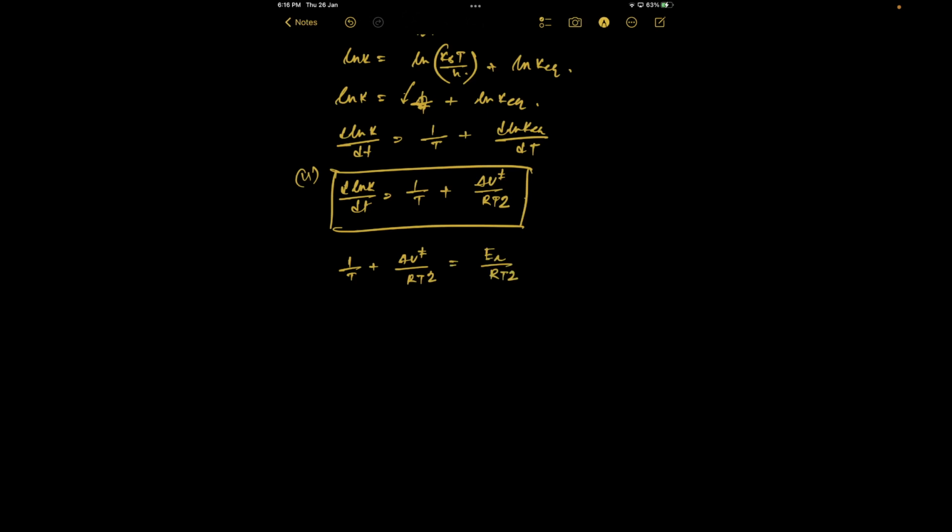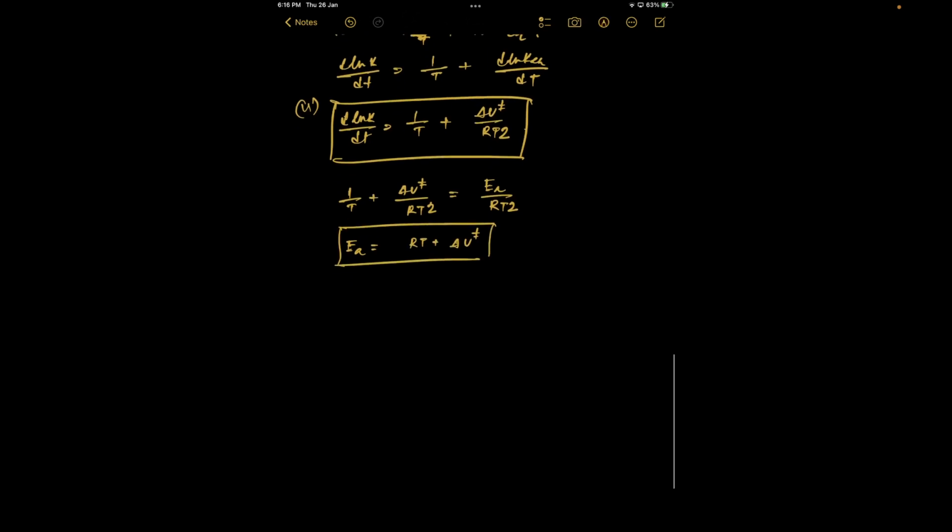So EA will be equal to RT plus delta U double dagger, right? This is the relationship between the activation energy and the internal energy of activation. Now delta U double dagger will be equal to EA minus RT.